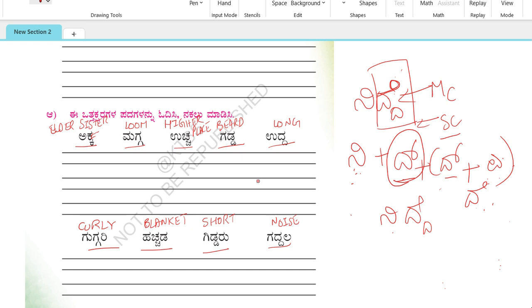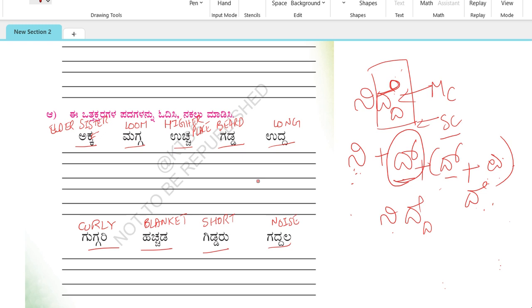Magga, magga is loop. Then ucha. Ucha means something which is at a higher place or something which is good and best in quality. Gadda means beard. Udda is long.